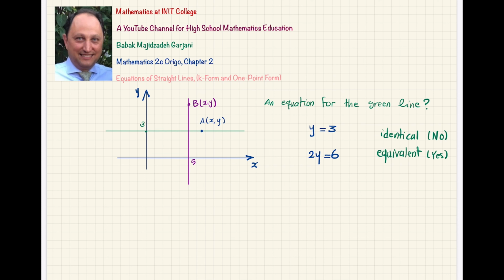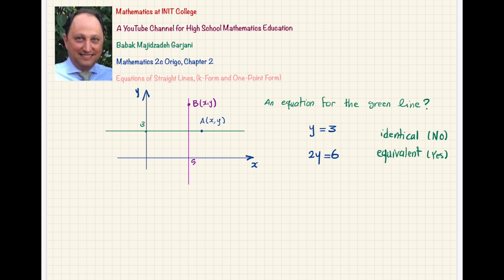You need to use the geometric properties of this line to find a connection between X and Y, or say something about X and Y. It's very clear. What can I say about any one of these coordinates on this vertical line? That X equals 5. As simple as that.